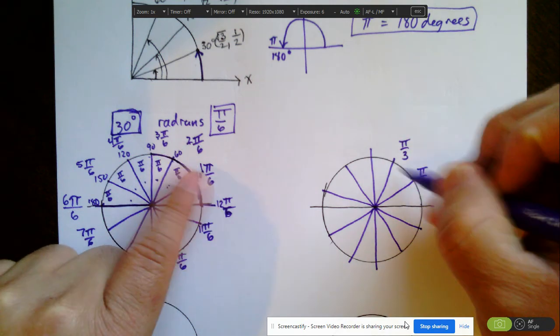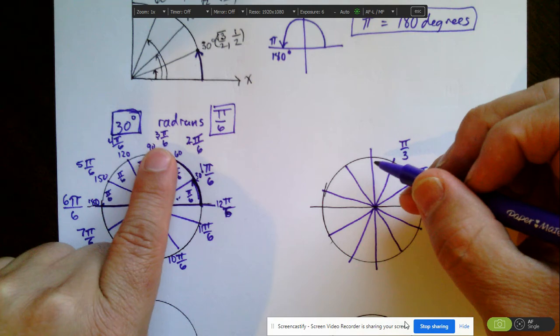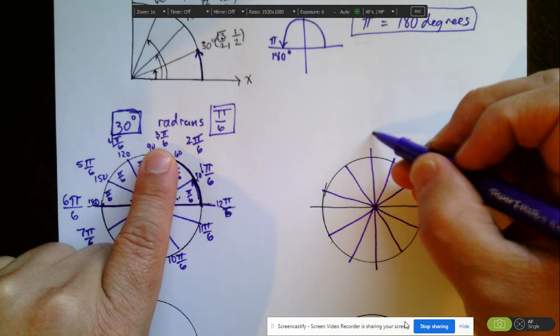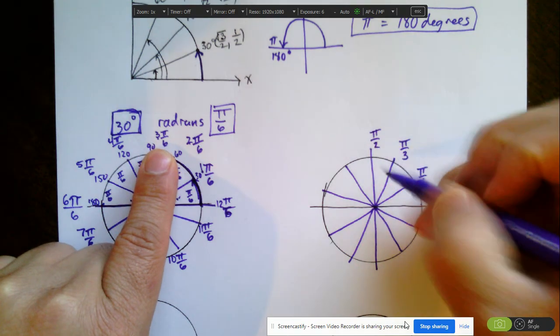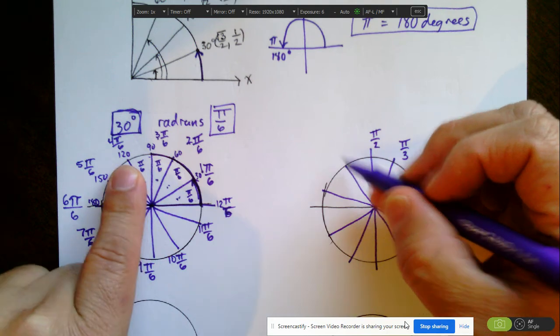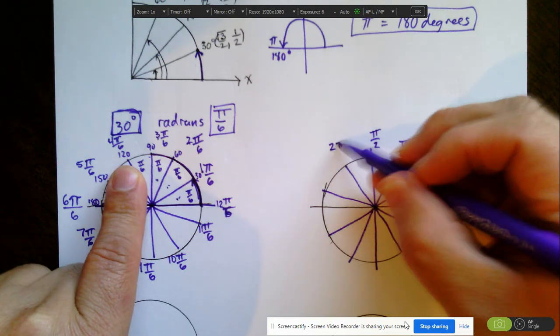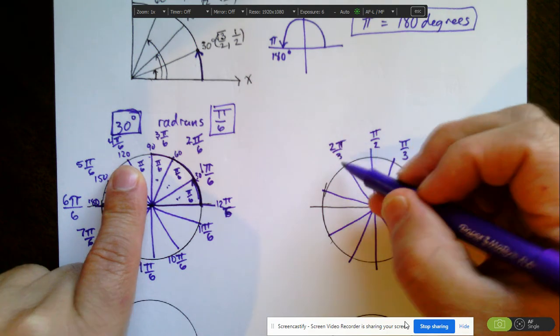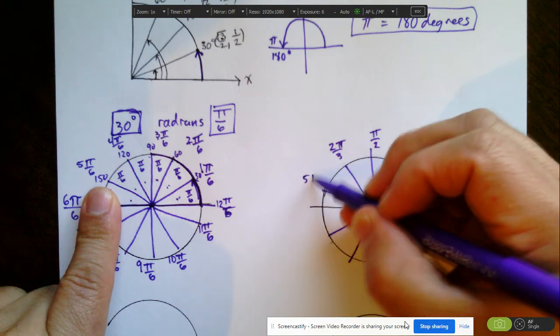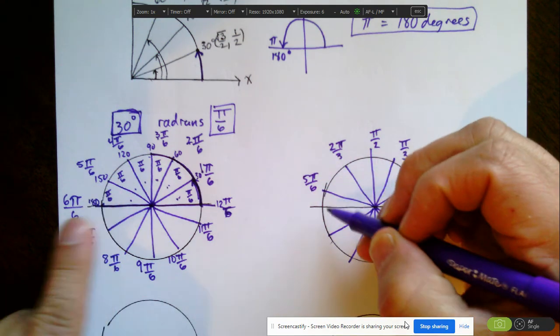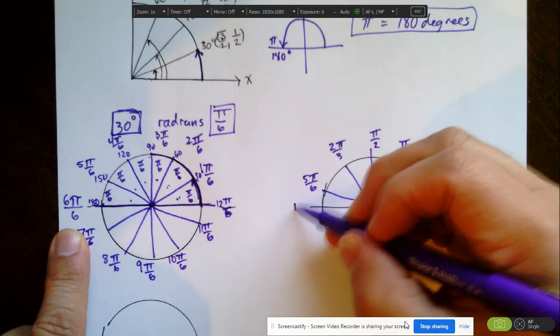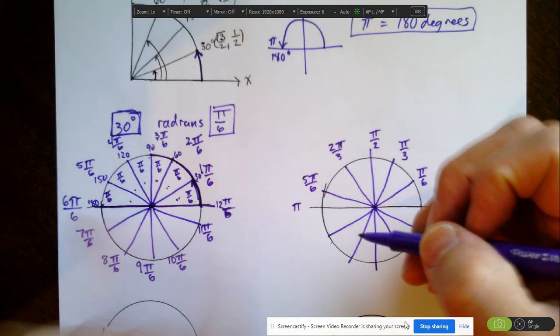And if we go 1, 2, 3, over here was 3 pi over 6, and that can simplify to pi over 2. 4 pi over 6 is going to simplify to 2 pi over 3. 5 pi over 6 is already simplified. And then 6 pi over 6, the 6s cancel out, and you're left with just pi.